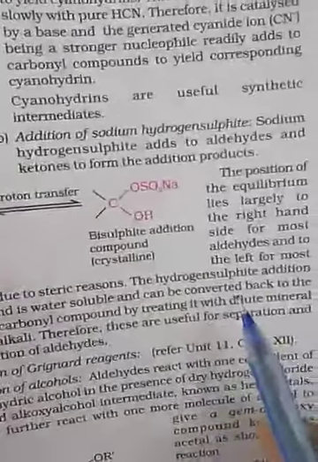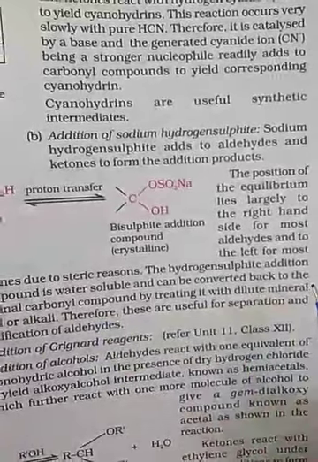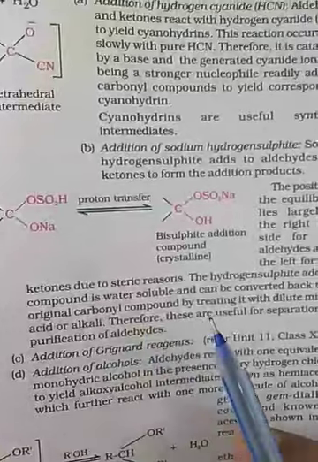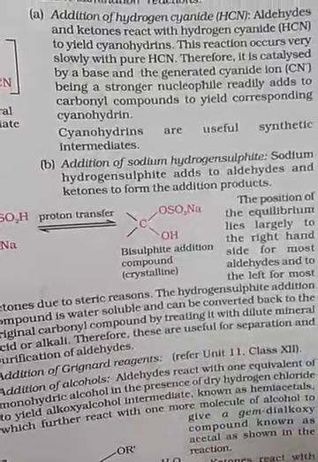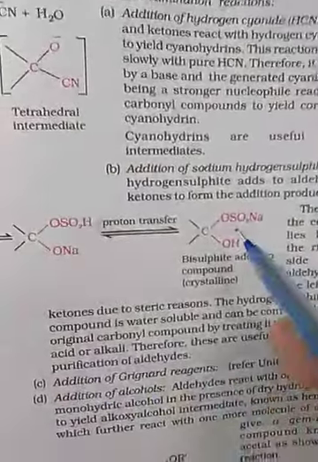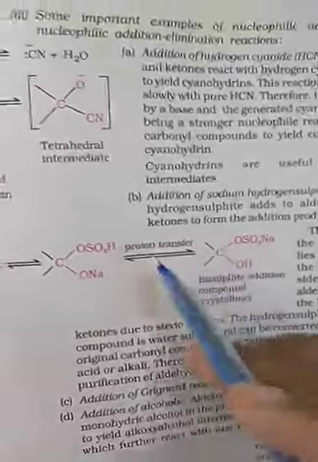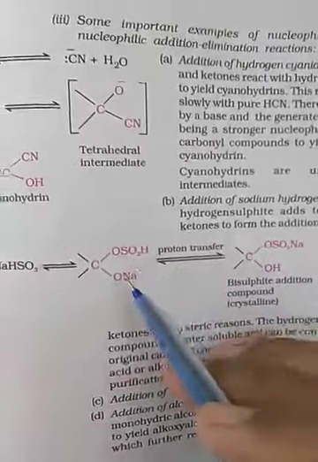The hydrogen sulfite addition compound is water soluble and can be converted back to the original carbonyl compound by treating with dilute mineral acid or alkali. Therefore, these are useful for separation and purification of aldehydes. In aldehyde, you studied well. So, proton transfer only, H is coming here and sodium is going there.